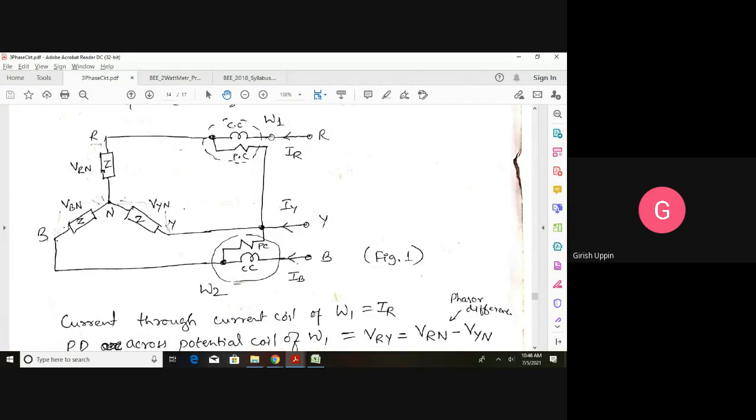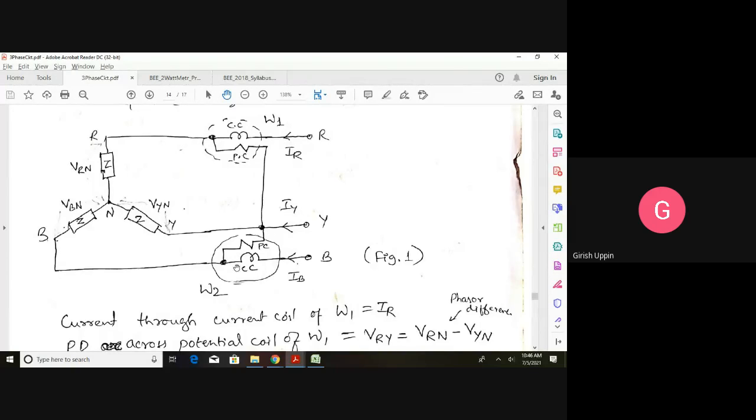So this is how wattmeter 1 carries a current of IR, and this particular wattmeter has a voltage of VRY. So VRY will be applied. So what would be the power measured by this wattmeter? It would be the voltage, that is VRY, into current IR into cos of the angle between IR and VRY.